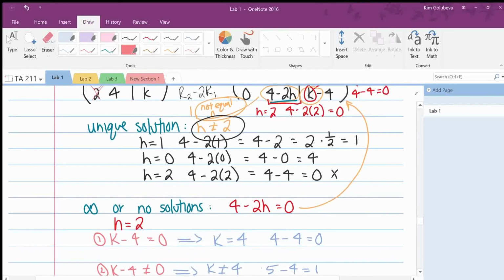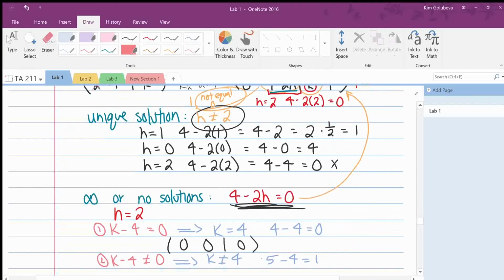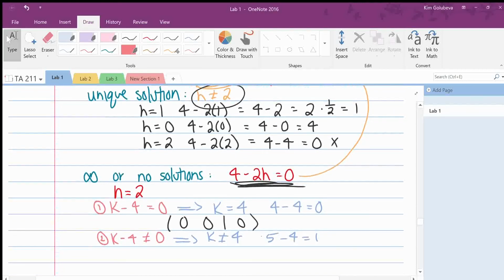So if k equals 4, then that means we're going to have the last row looking like this: 0. And because we've agreed that 4 minus 2h has to be 0 in this case, we'll have 0, 0, and then another 0. And this looks like infinitely many solutions, right?